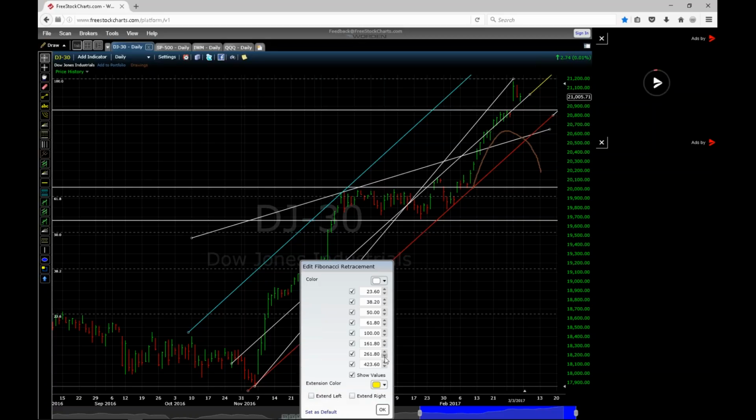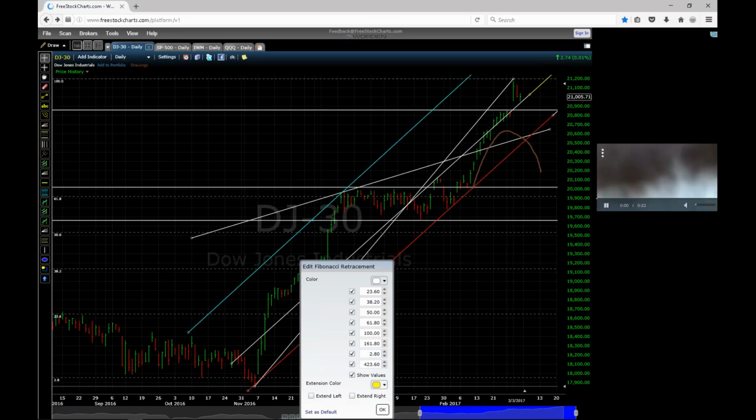That'll work. What is the other one? 73, right? Yeah, it is 73 because it's a 23% move down. I mean, on the fibs, not on the market.